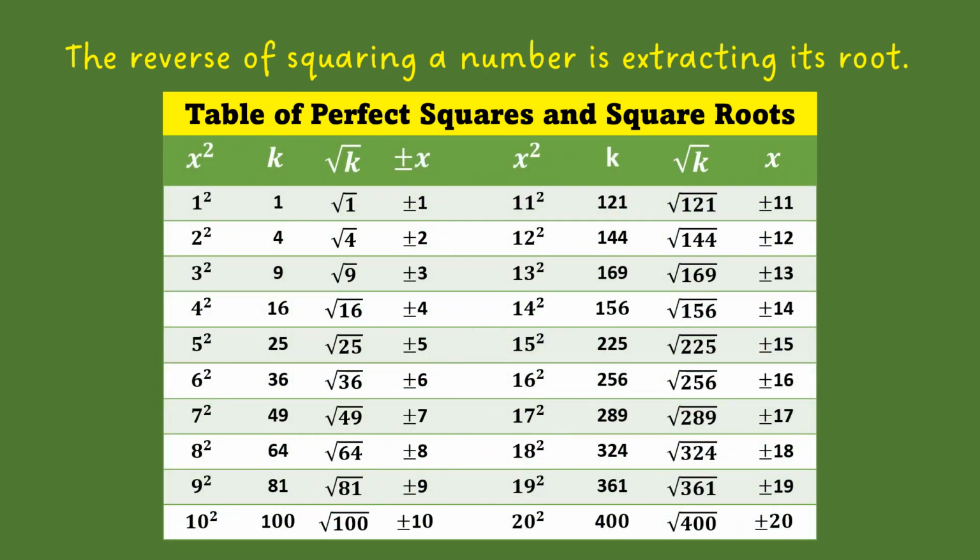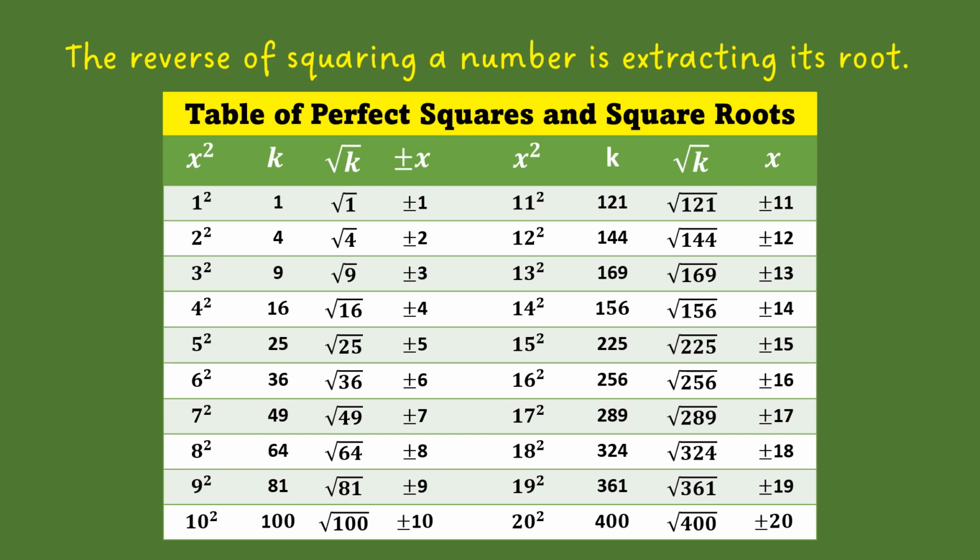So we have the column for x squared, the column for k, which is x squared is equal to k, and the square root of k and positive negative x. 1 squared is equal to 1. The square root of 1 is equal to positive negative 1. 2 squared is 4.